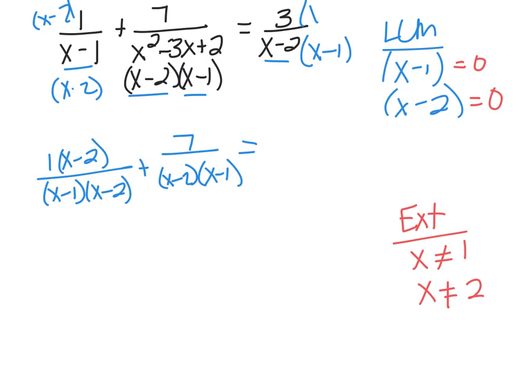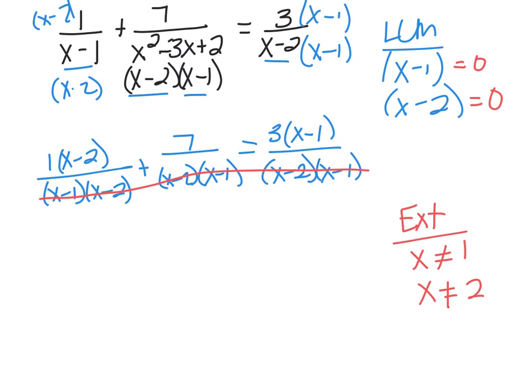And it's not letting me write that on the top. There we go. So I have 3 times x minus 1 over x minus 2, x minus 1. Now that my denominators are all the same, I can drop the denominator, and I have 1 times x minus 2 plus 7 equals 3 times x minus 1.